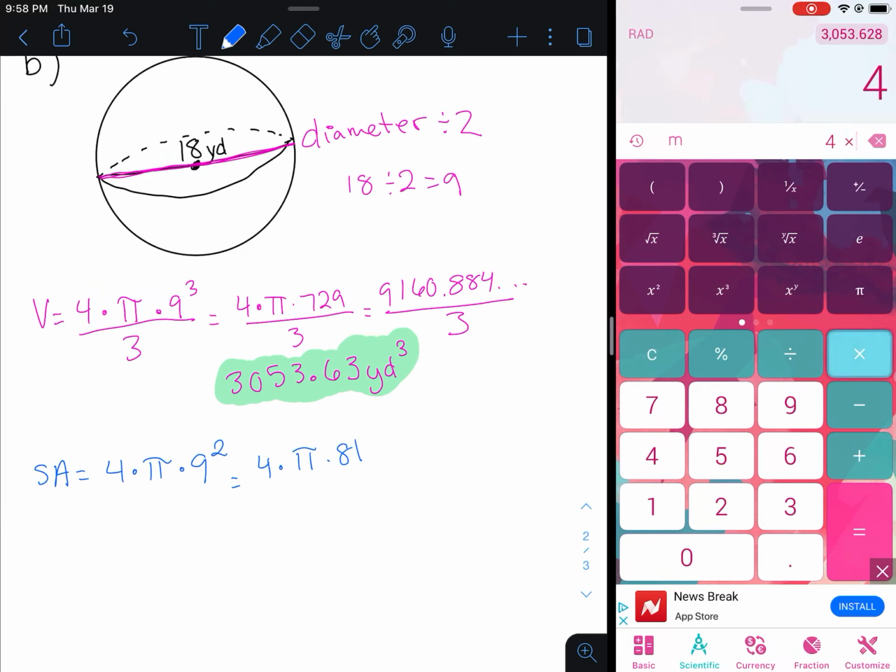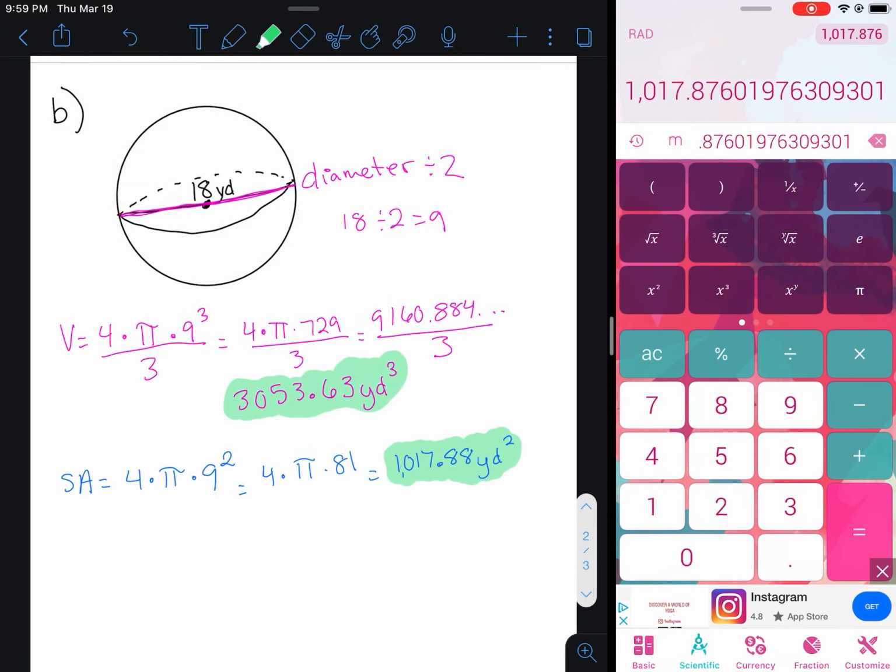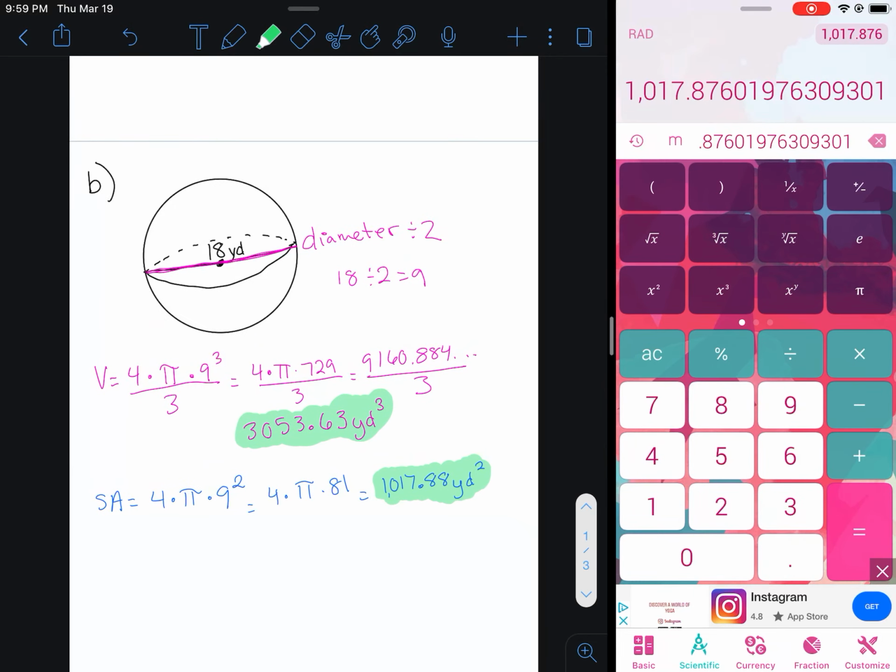And then we do 4 times pi times 81 equals, and we're going to round it to the nearest hundredth or second decimal place, gives us 1,117.88, because that 6 causes that 7 to round up, and it will be squared. Again, surface area is squared because we're only talking about the outside. How much if we were to paint the outside?